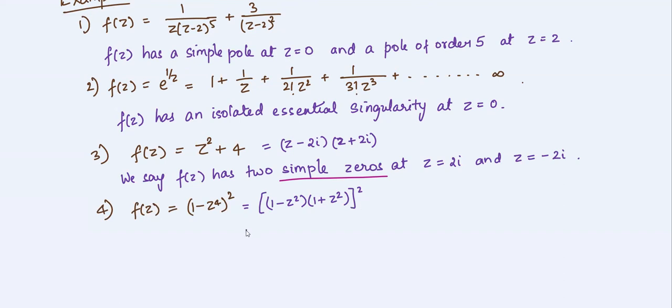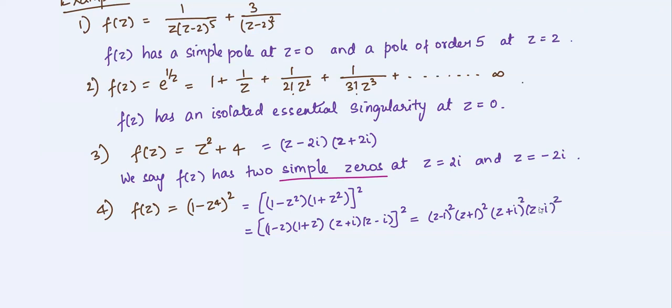Further, this will be 1 minus z into 1 plus z, and this will be z plus i, z minus i, whole power 2. So basically we get 1 minus z, or z minus 1 whole square is the same, z plus 1, z plus i and z minus i whole squares.